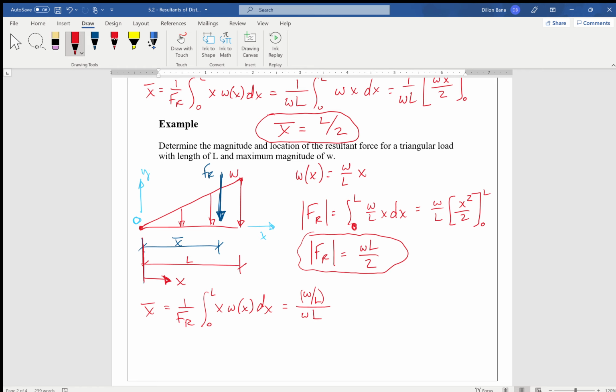Let's rewrite that so it doesn't look like I'm saying squared. 2 times w over L divided by WL over 2, that's the 1 over FR, and also pulling out the W over L. That'll give us the integral from 0 to L of x squared dx.